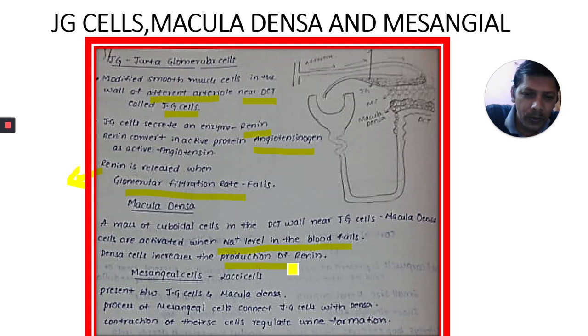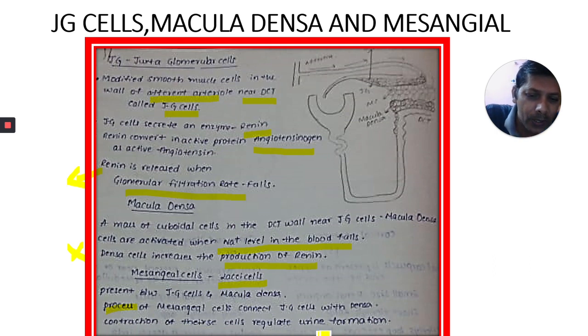Next one, mesangial cells, otherwise called Lacis cells, are present between JG cells and macula densa. The processes of mesangial cells connect the JG cells with the macula densa. Contraction of these cells regulates urine formation. That's about mesangial cells.